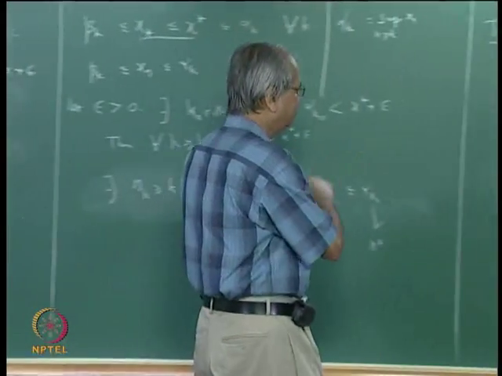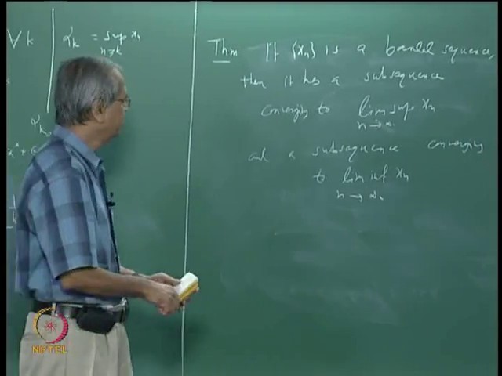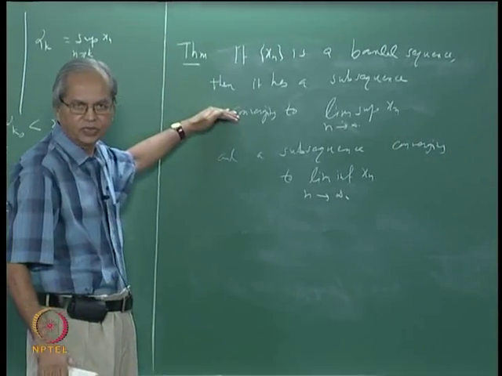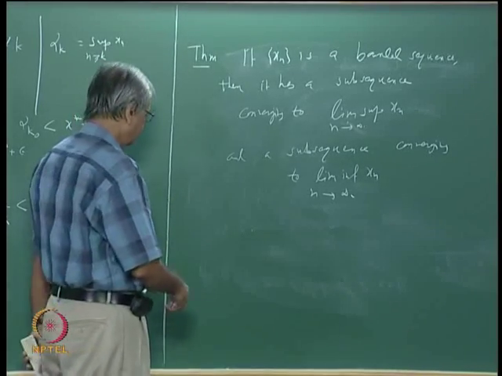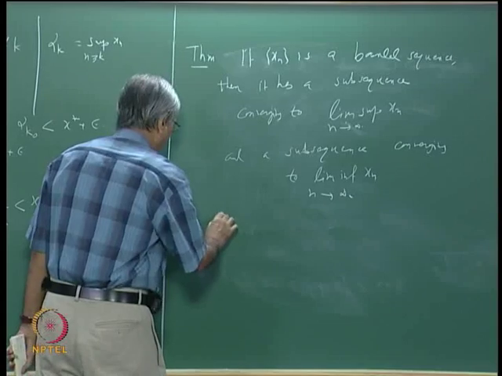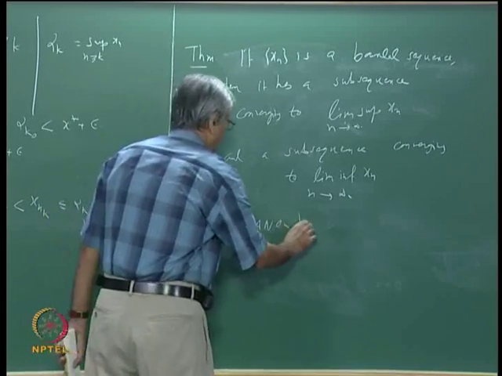But this has one very important consequence, and what is that? It means that every bounded sequence has a convergent subsequence, and this is known as the Bolzano-Weierstrass theorem, a fairly well known theorem.